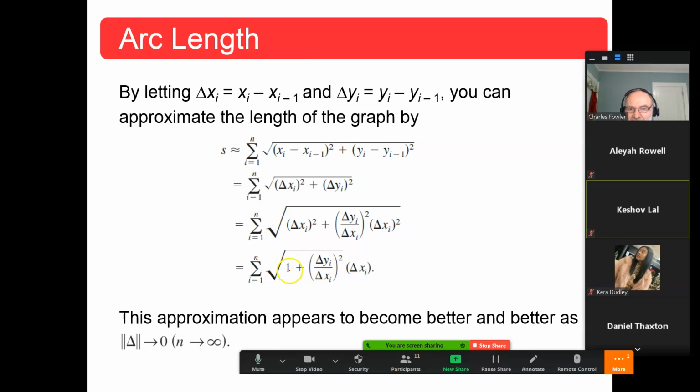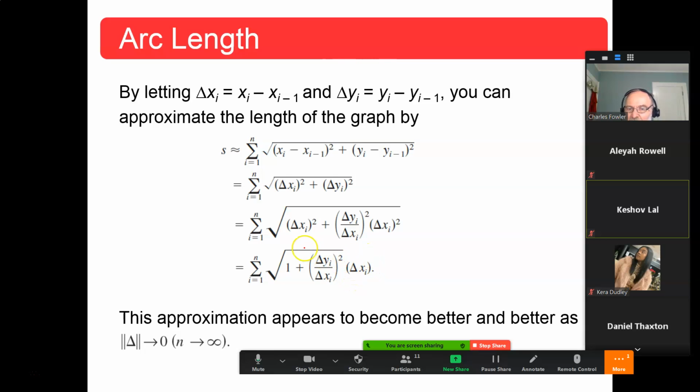That would leave this being a 1 and this being delta y sub i squared over delta x sub i squared, so that's (delta y over delta x) squared. But you can't just divide by this unless you also multiply by the square root of delta x squared, which is just multiplying by delta x sub i.